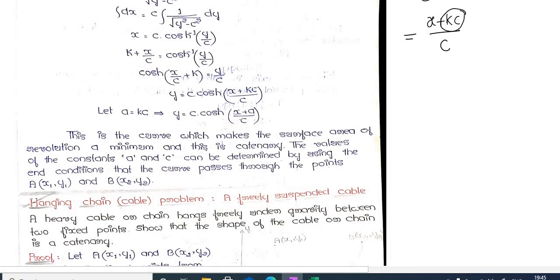This is the curve which makes the surface area of revolution a minimum, and this is catenary. The values of the constants a and c can be determined by using the end conditions that the curve passes through the points A of x1, y1 and B of x2, y2. So this is the problem.